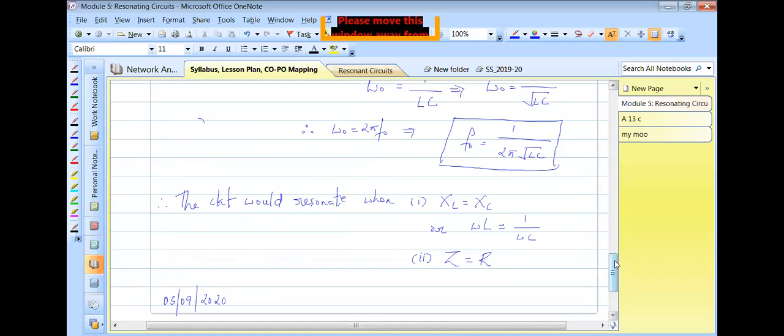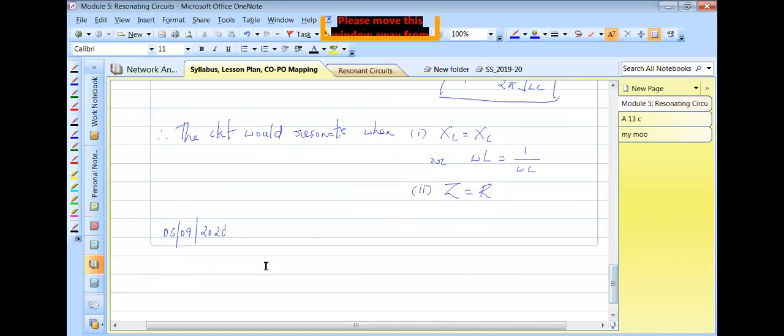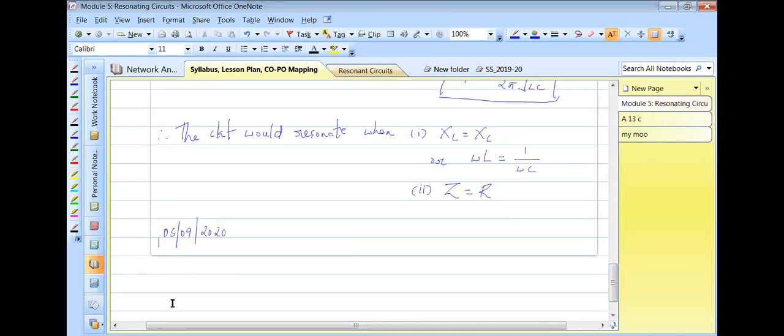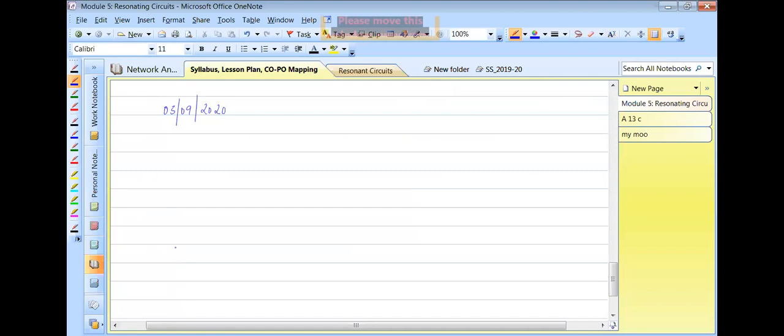Understand that? Now, let's try to see all this by considering the current. So let's consider the current in the circuit. Current in series RLC circuit.